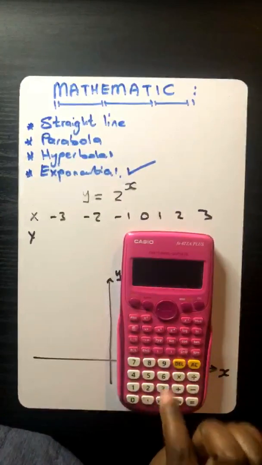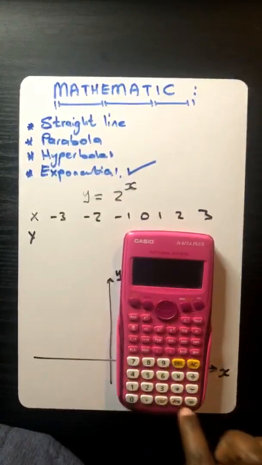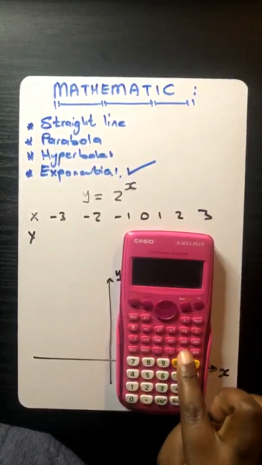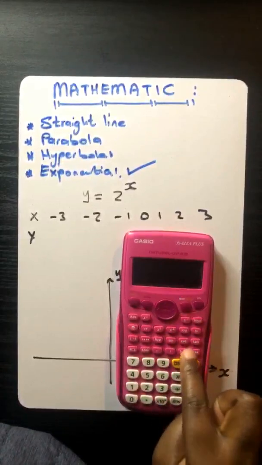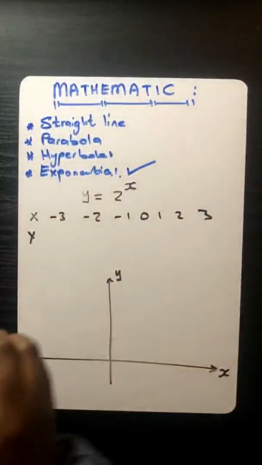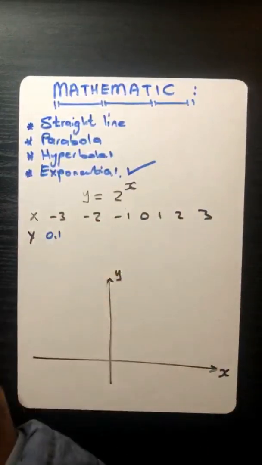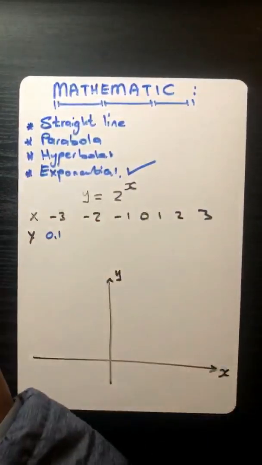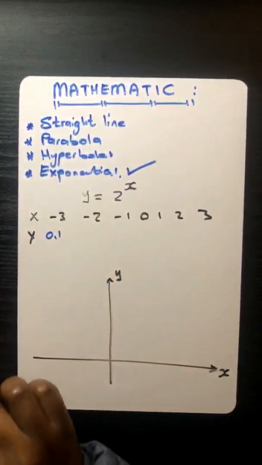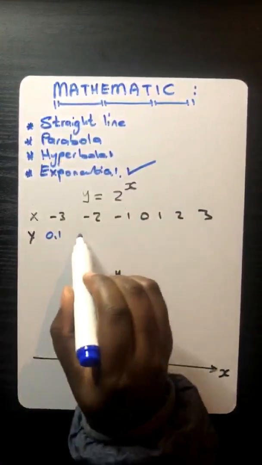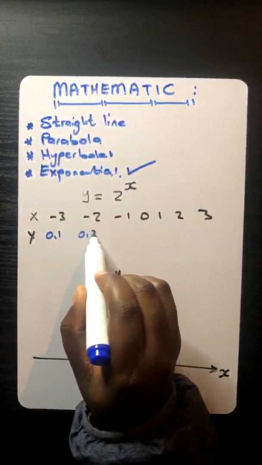So you're going to say 2 to the exponent of -3. So can you see the y value? It is actually 0,125. Just make sure that if I'm doing wrong calculations, you correct me there. So this one I'll round it off.